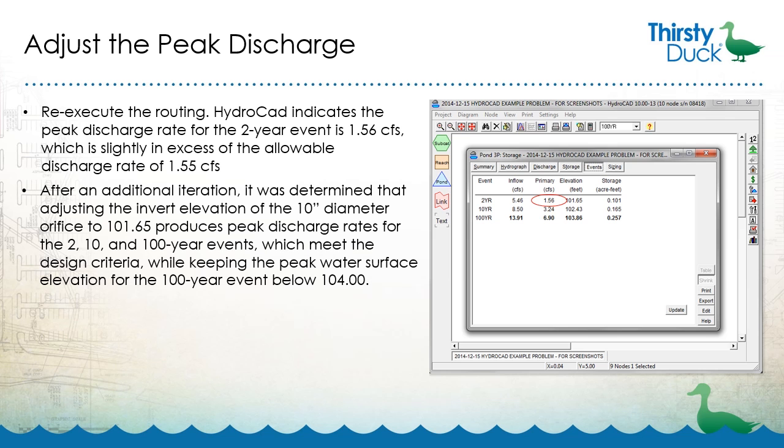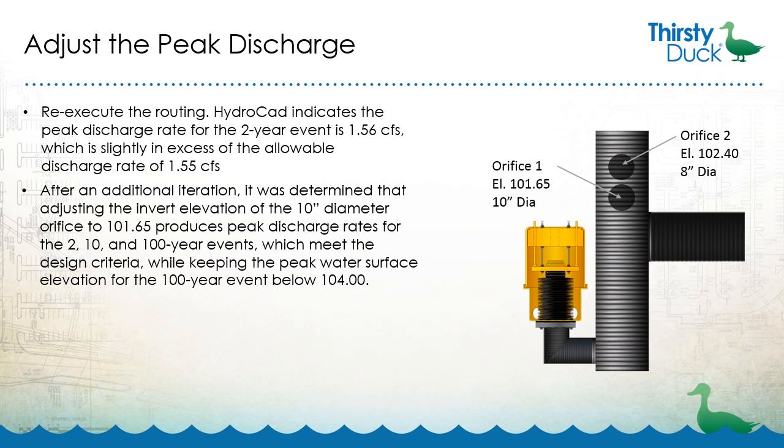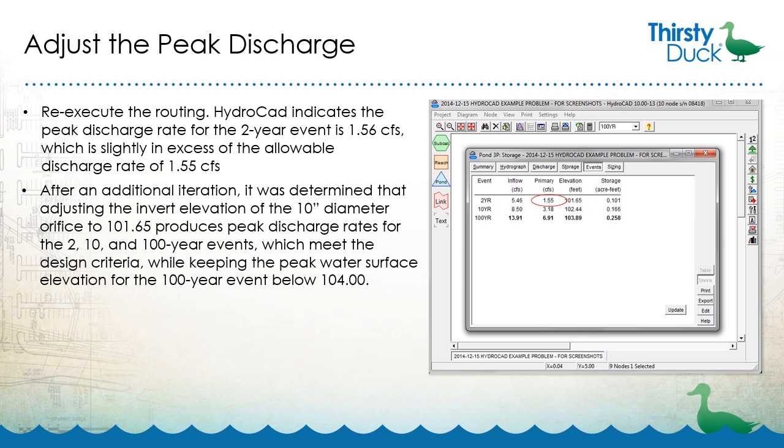After an additional iteration, it was determined that adjusting the invert elevation of the 10-inch diameter orifice to 101.65 produces peak discharge rates for the 2, 10 and 100-year events, which meet the design criteria while keeping the peak water surface elevation for the 100-year event below elevation 104.00. Thirsty Duck encourages you to try a variety of outlet configurations when optimizing the volume of detention storage.